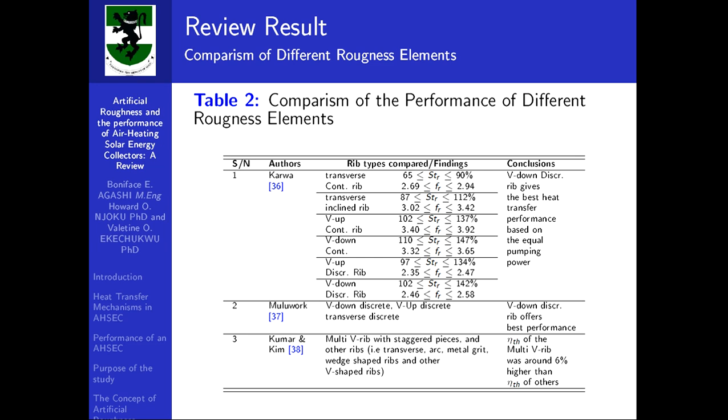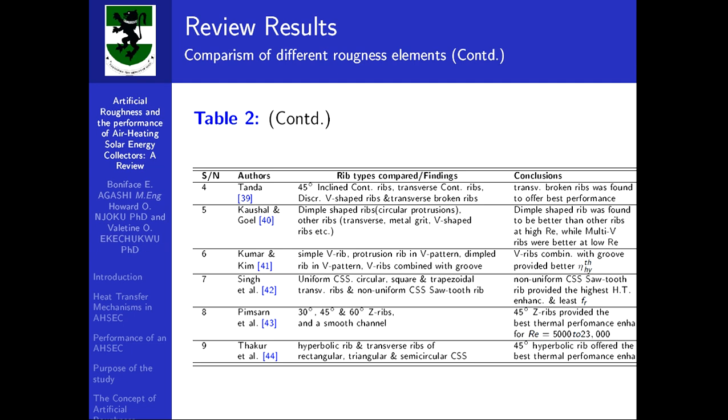Kumar and Kim compared multi-V rib with staggered rib pieces and other rib geometries. He found that the thermal efficiency of the multiple V rib was around 6% on average higher than the thermal performance of other ribs. Thunder compared 45-degree inclined continuous rib, transverse continuous rib, discrete V-shaped rib, and transverse broken rib.